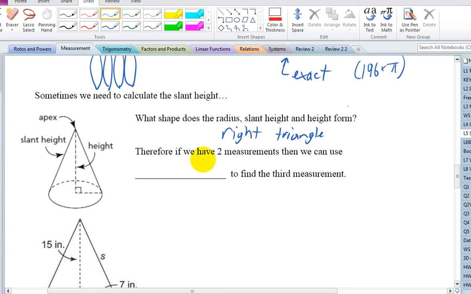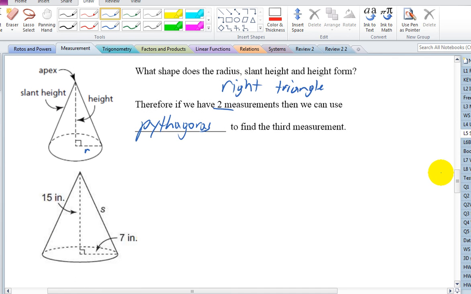So sometimes if we're given two measurements, we're going to have to use Pythagoras to find the third. Keep in mind, this is your radius. That's what makes that little triangle. So right now, I want you to find the slant. Go for it.